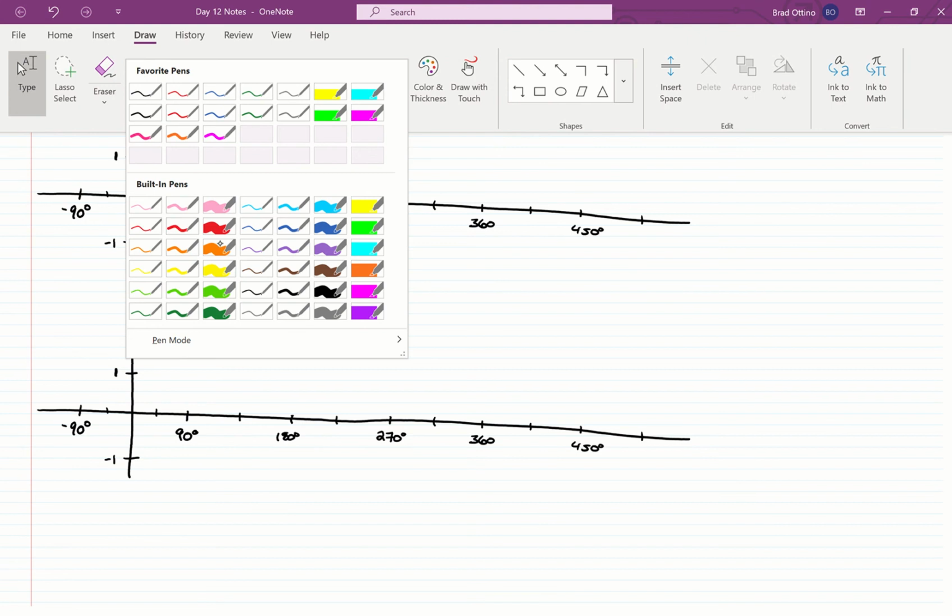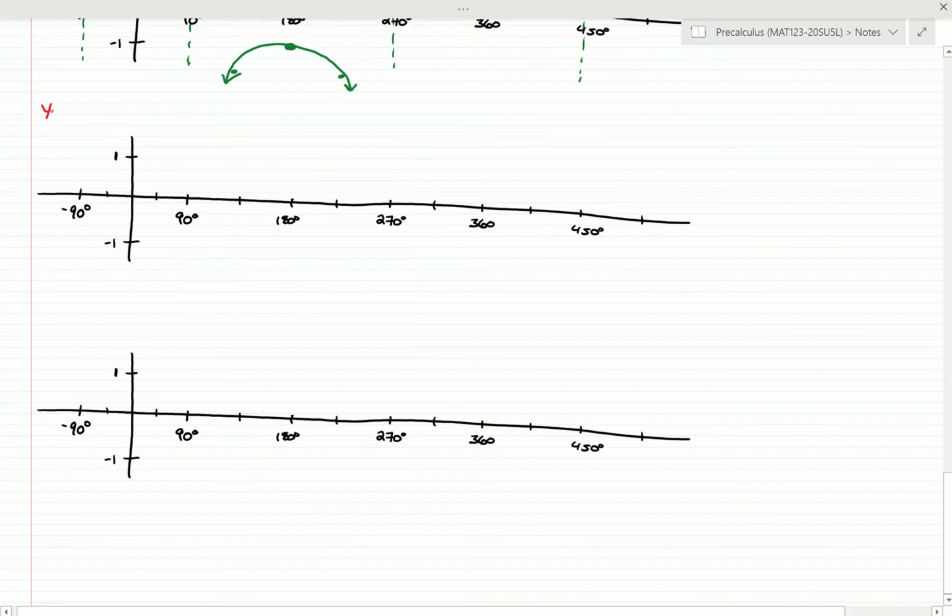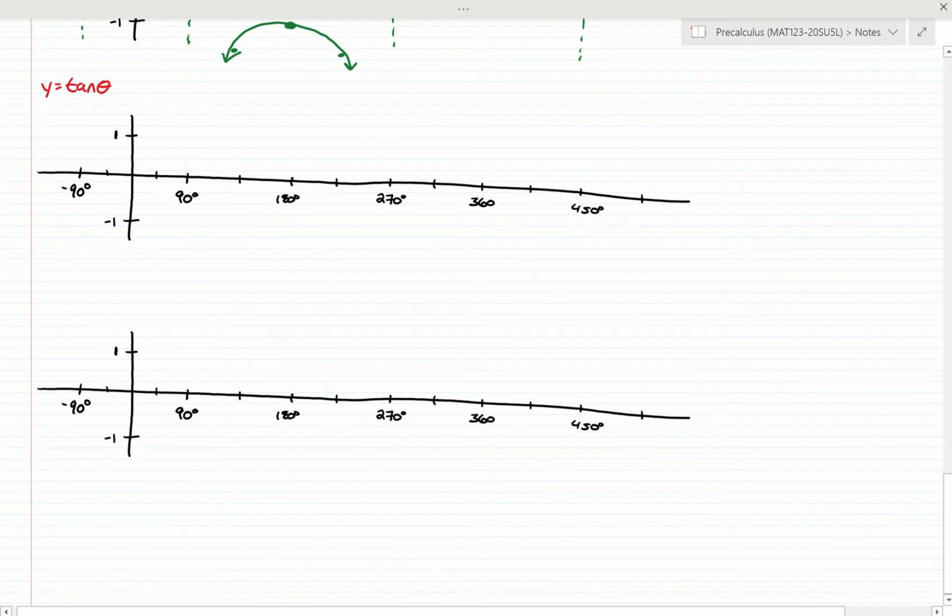Let's move on to tangent. For the graph of tangent, tangent of 0 is 0, but then it looked like at 90 degrees it was undefined. I'm just going to draw my undefines first. That's going to help give some structure to the graph. So it looks like every 180 degrees it's going to be undefined.